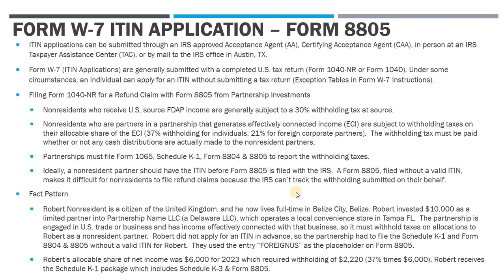They really need to have a U.S. taxpayer ID assigned to it. Otherwise, it makes it much more difficult to get these refunds back. And so in this scenario, what we have is Robert didn't apply for an ITIN well in advance, and so the partnership had to go ahead and file without the 8805.